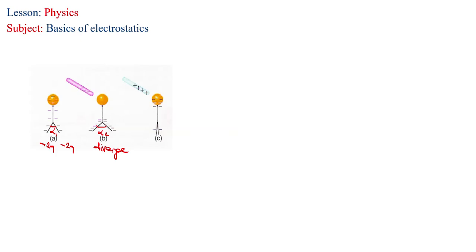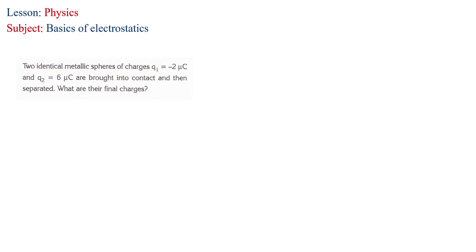So alpha 2 is greater than alpha 1. And when I bring a positively charged rod close to this one, you see here, it will attract negative charges here, so now the angle becomes smaller, so it will converge here. I mean, the angle decreases here, of course.